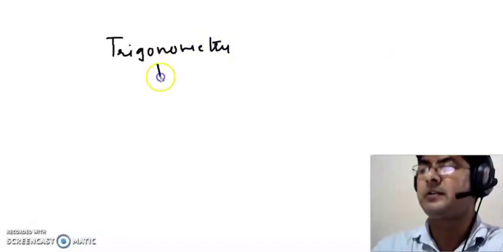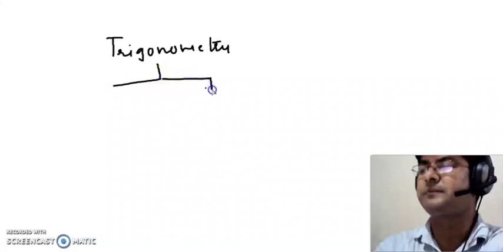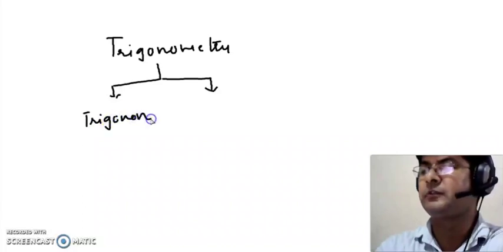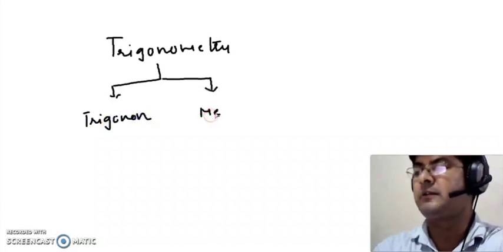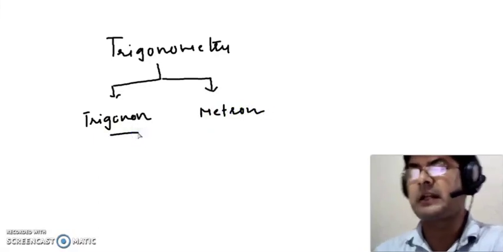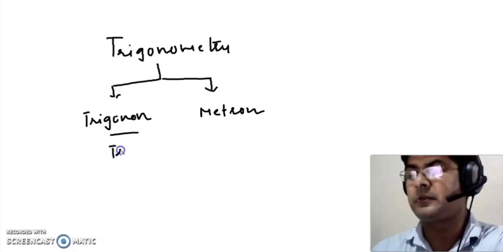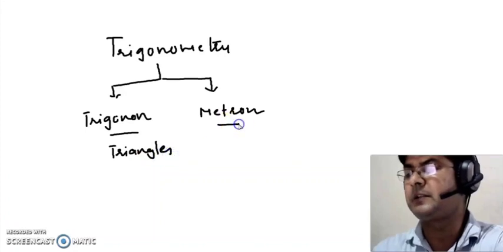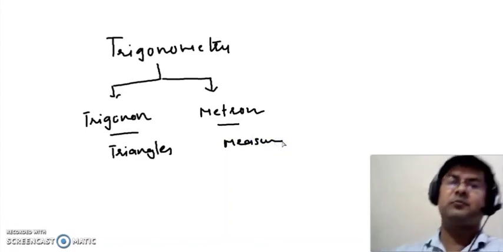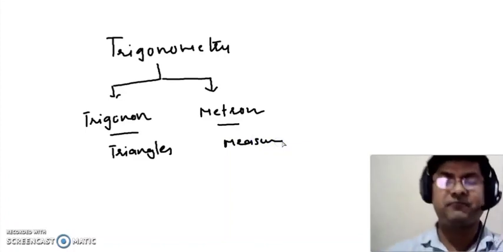Trigonon means triangles, and metron means measure. So trigonometry deals with the study of measurements of sides and angles.